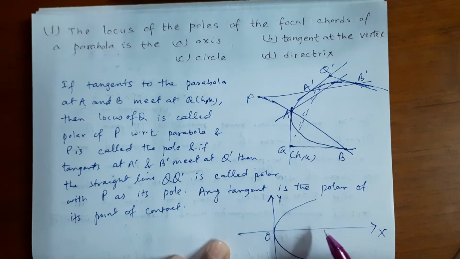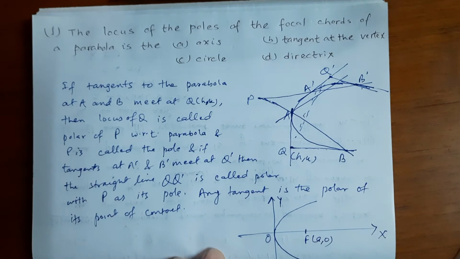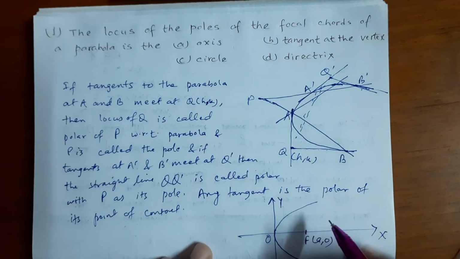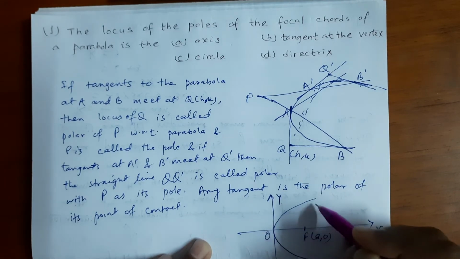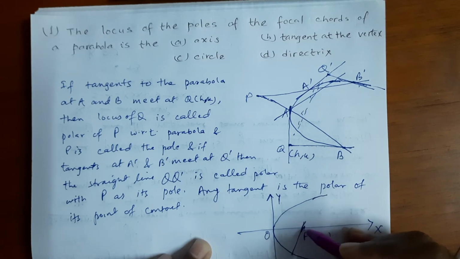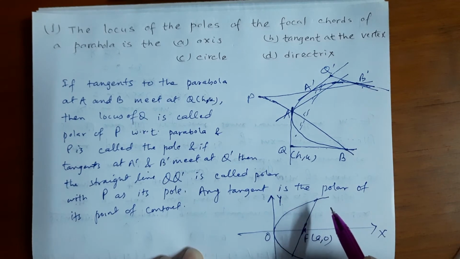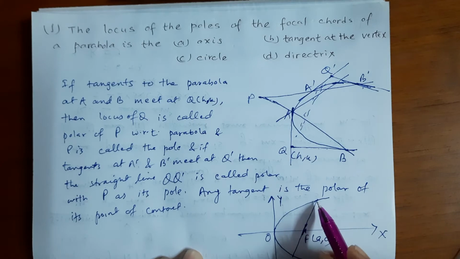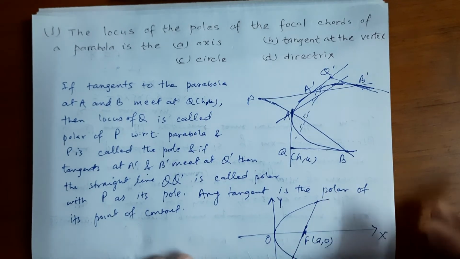Suppose this (a, 0) is the focus, and any chord passing through the focus is known as the focal chord. So locus of the poles of focal chord of the parabola. To get the pole, we will draw tangent at the extremities of this focal chord.